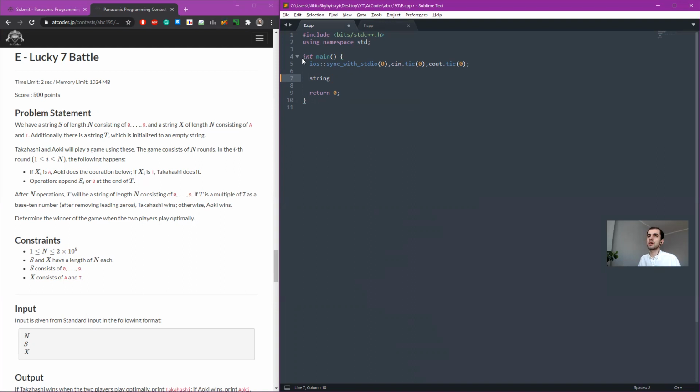So let's actually read the input, I guess. N is an integer. S and X. Two-dimensional, because we want to know the remainder modulo 7. Let's say N plus 1. I don't know if we're going to use it actually, but let's say so.